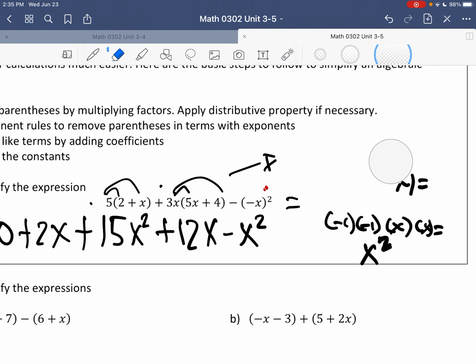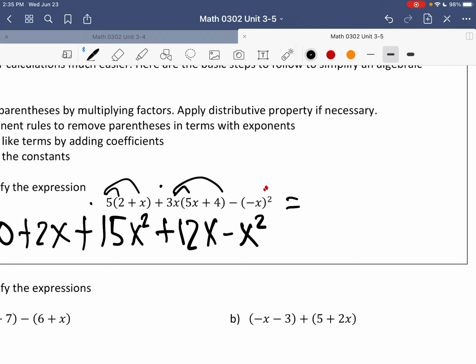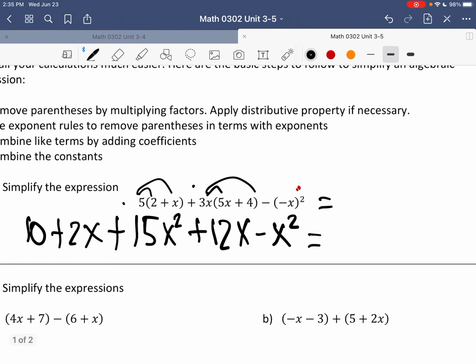Okay, let me go ahead and erase this part, and here we go. We'll start at the beginning. We have the number 10, and we're looking to see if we can combine 10 with any constant terms. There are not any more constant terms, so 10 will just be left by itself.